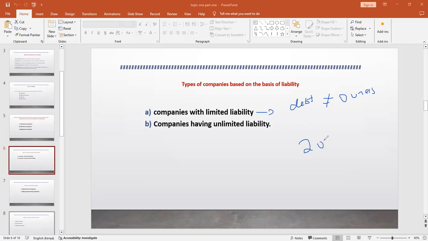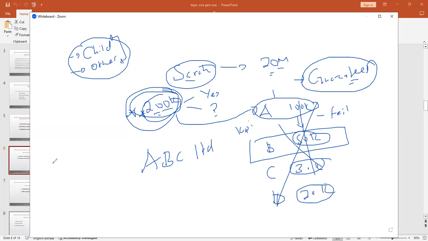If you borrow 200 million from a bank as you, versus if you borrow 200 million from a bank as ABC, but, in fact, let me use an example that is easier to understand.